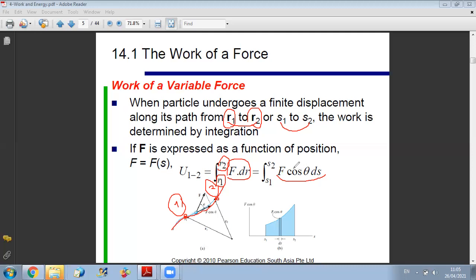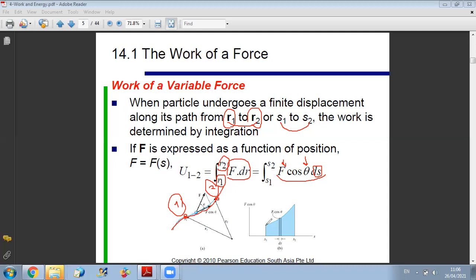Now, in case F is variable or theta is variable, then they should be provided as a function of s, so we can perform the integration. And in case they are constant, we can take them outside of the integration, and then we can say that for a constant force with constant direction, the work will be F cosine theta delta s. Now, in case it's variable, we need to have the function, and we do simple integration.